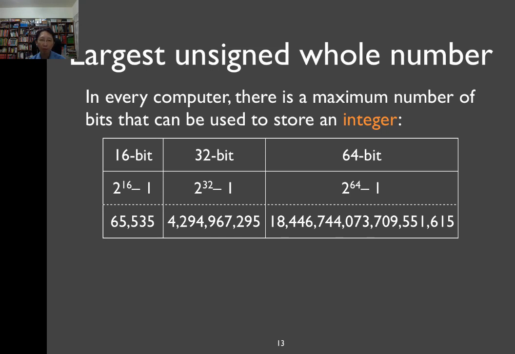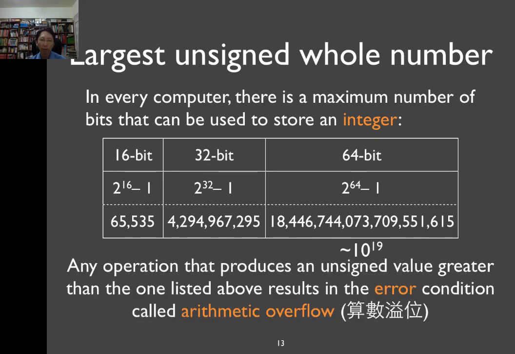For 32-bit, it is 4 billion, more than 4 billion. For 64-bit, it is a very huge number, around 10 to the 19th power. It is a big number.